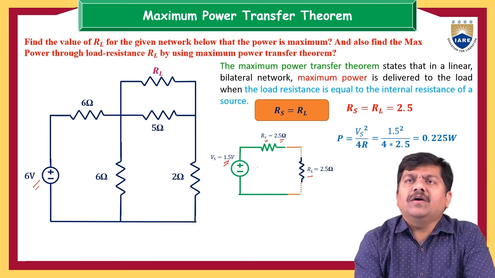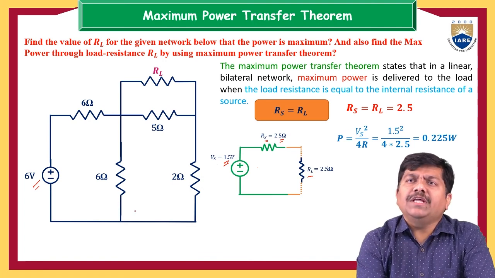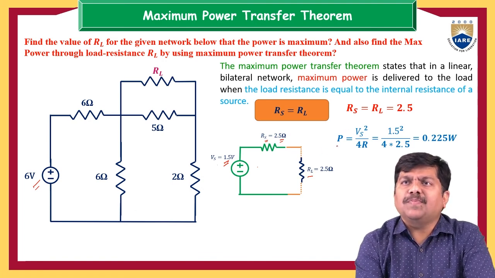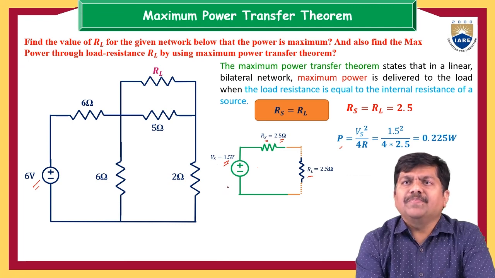You may be confused about which voltage to consider to calculate this power. That voltage is the Thevenin's voltage, the open circuited voltage, which we got by reducing the actual circuit with Thevenin's theorem. Please be cautious whether to use 6 volts or 1.5 volts.